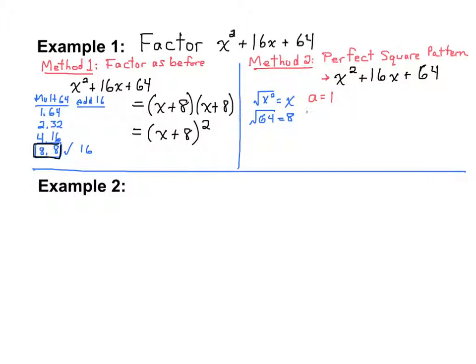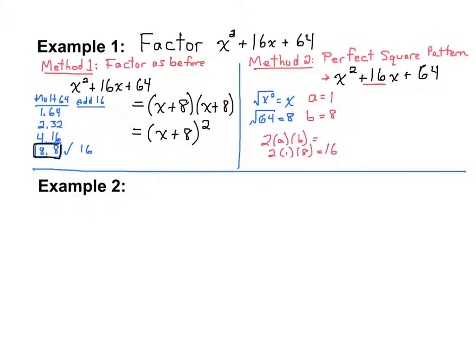And the b value is equal to the square root of the last term, which in this one is 8. So we look at 2 times a times b, which is going to be 2 times 1 times 8, and that equals 16, which is our middle coefficient.